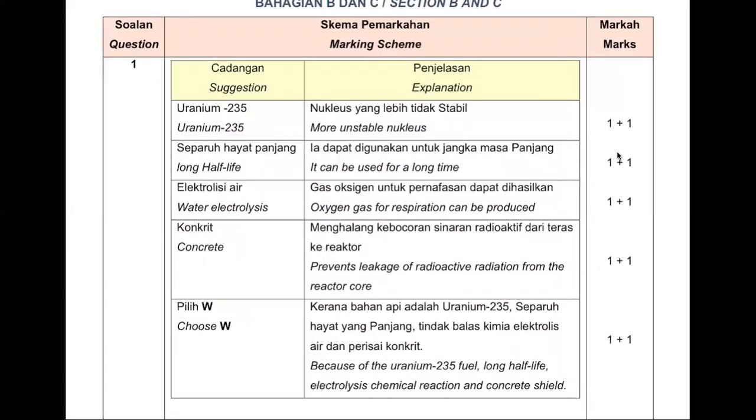So you choose uranium-235, because it is an unstable nucleus. And then we choose long half-life so that it can be used for a long time.